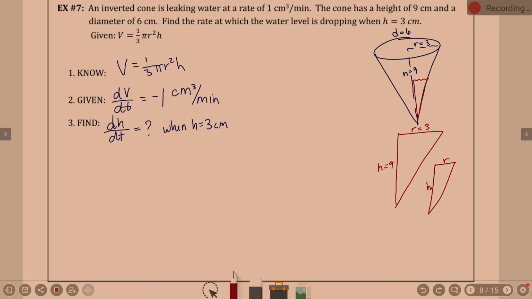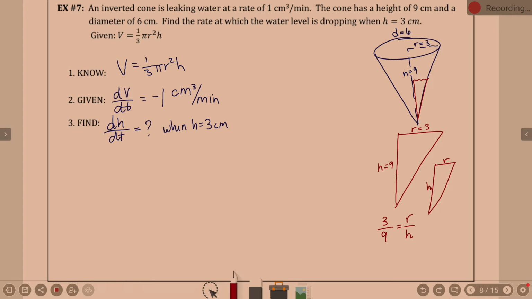The connection here, if you remember similar triangles from middle school geometry, you can set this up however you want. I did 3/9 equals R/H yesterday. I could have just as easily done 9/3 and H/R, or 3/R and 9/H.